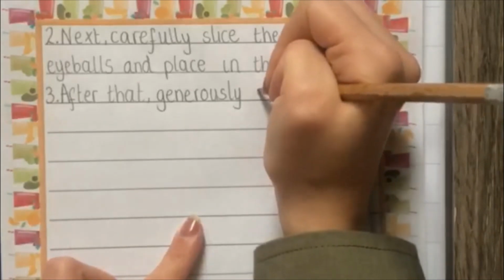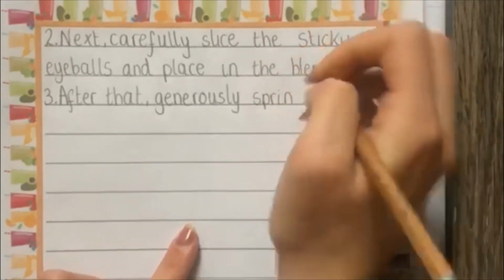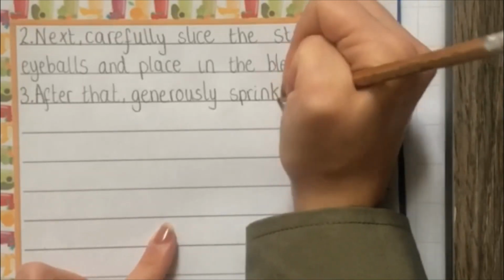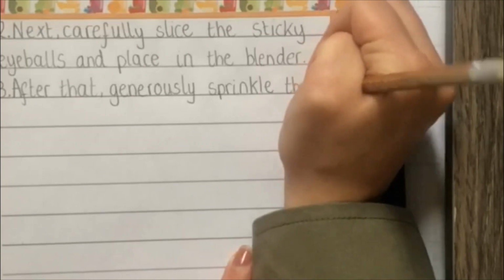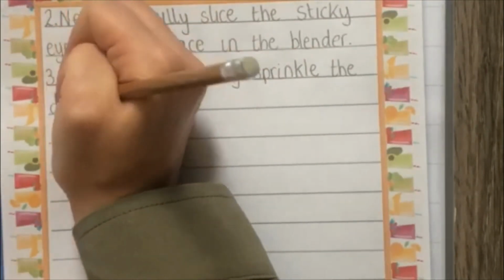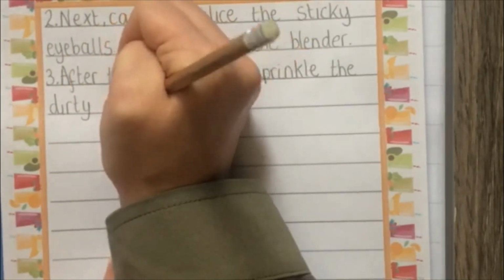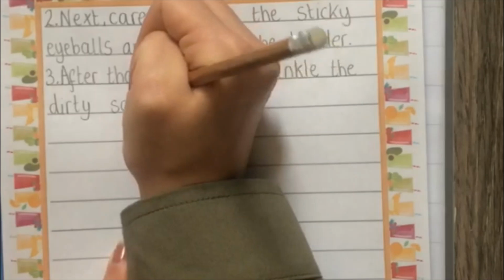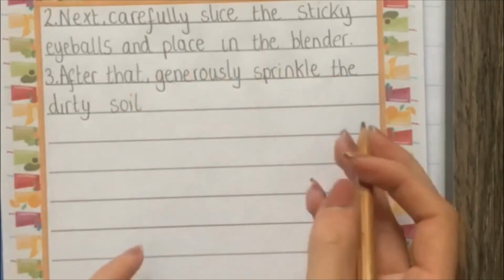Generously sprinkle. Sprinkle is on my story map, so I should know how to spell that because I'm going to copy it. Sprinkle the, got my adjective, which is dirty. Then soil. After that, generously sprinkle the dirty soil.